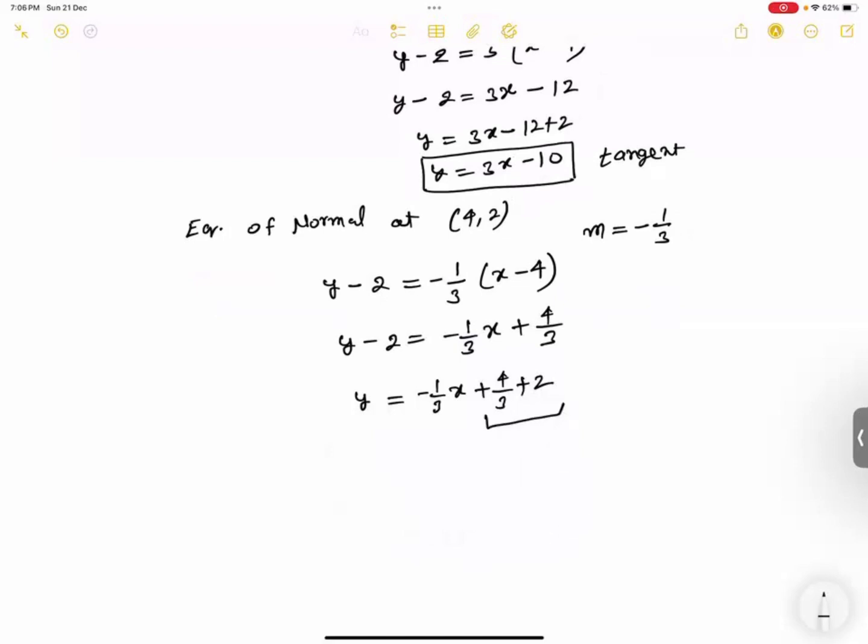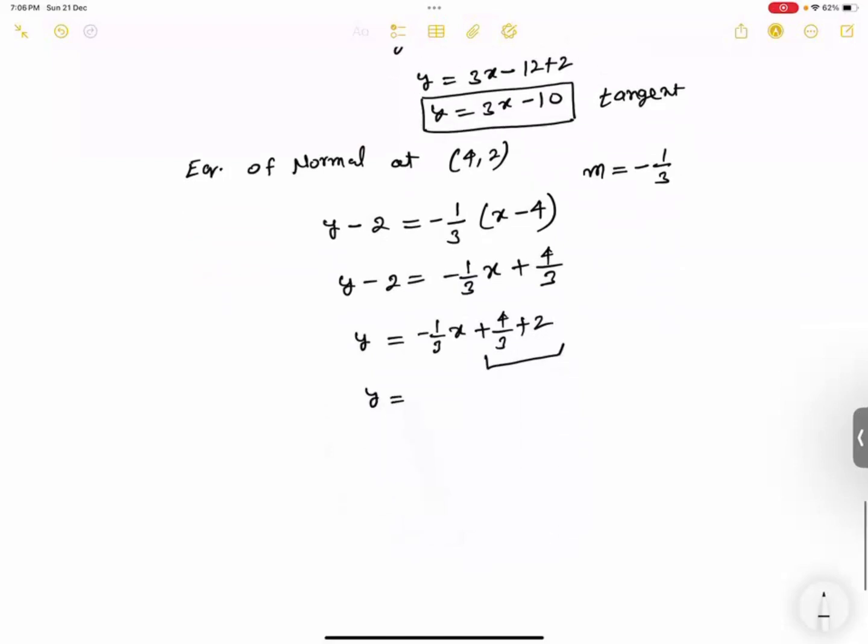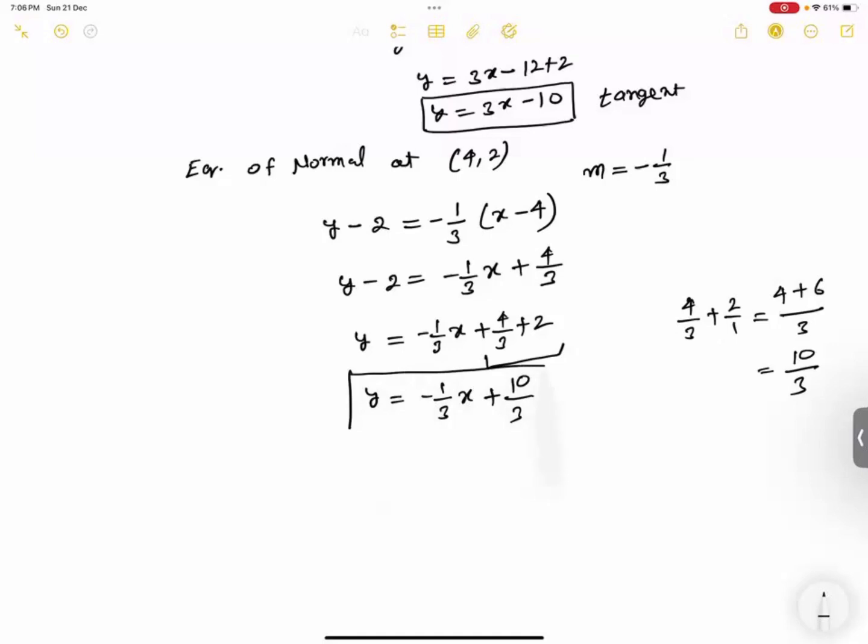These are two constant terms, so we can simplify them. 4 upon 3 plus 2 upon 1. So 3 is the LCM. 4 plus 6 gives us 10 upon 3. So this is plus 10 upon 3. So that's the equation of normal.